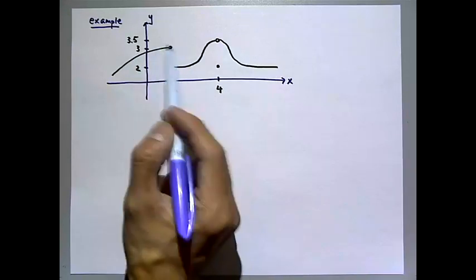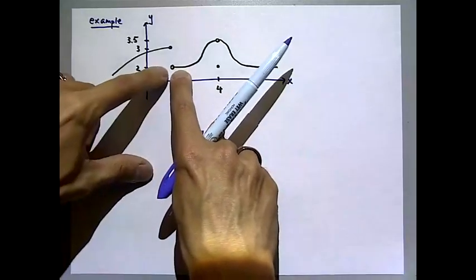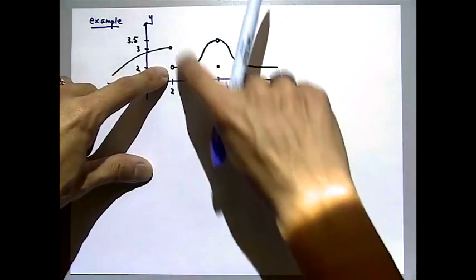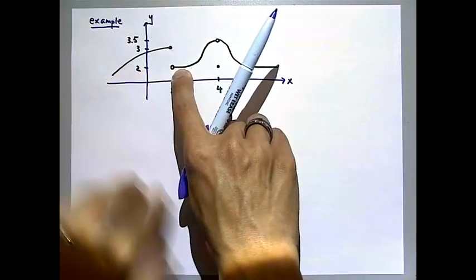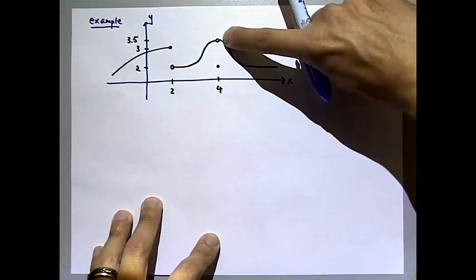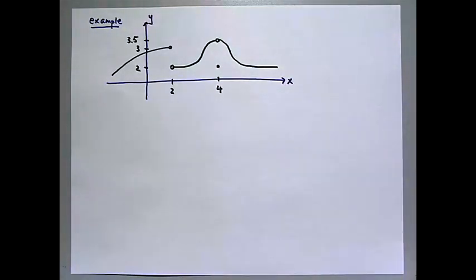But there's a gap right here, and you can't have both points exist on the graph, so one of these cannot be there. Same thing here. The function looks like it should be there, but actually somehow we define the function to be 2 when x is equal to 4.